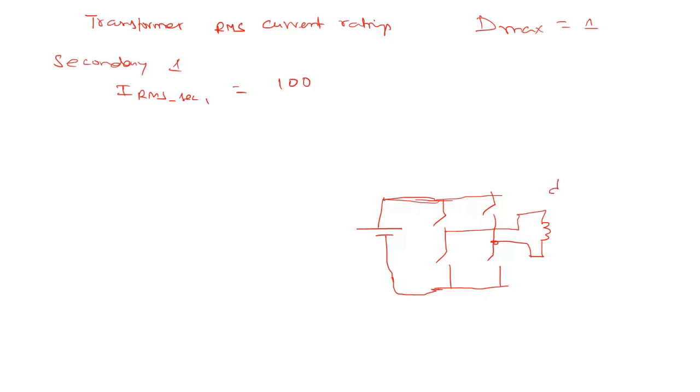Then there are really 2 secondaries, and both of them center tapped. Okay, let's call this output 1. Right, so that's the first output, VO1.